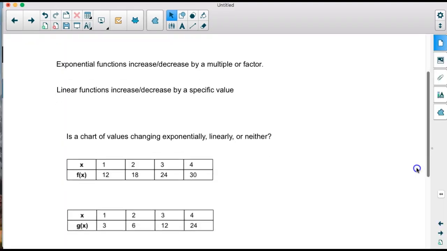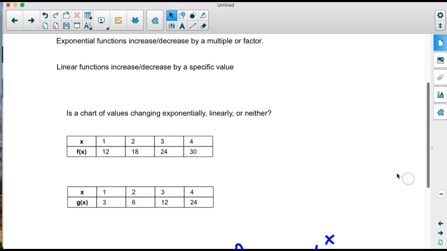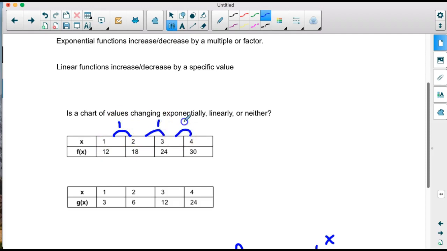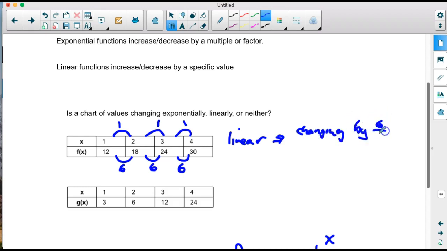We're going to give you an example of two different charts here. If we look at this chart specifically, we're increasing on the x values by 1, and on the f of x values we're increasing by 6. So this is linear. It's 6 divided by 1 each time, so it's changing by 6 over 1.